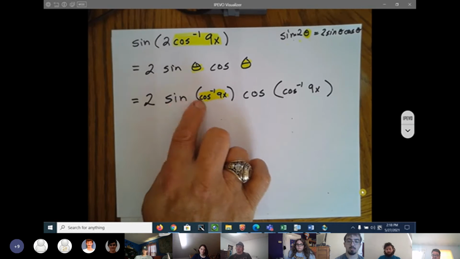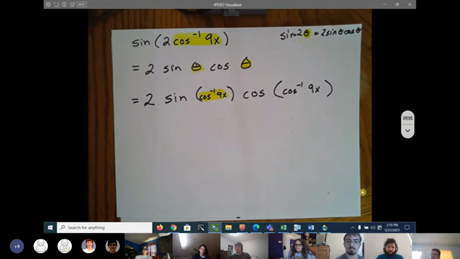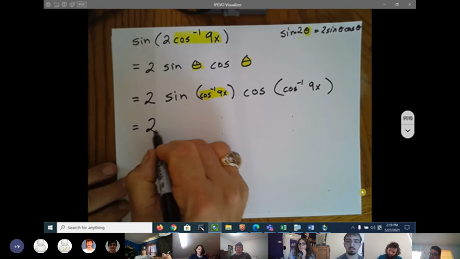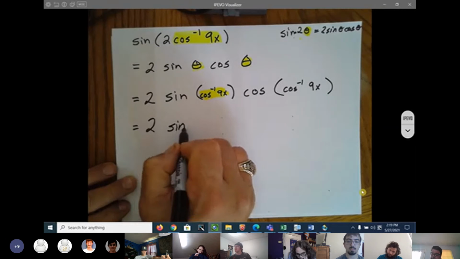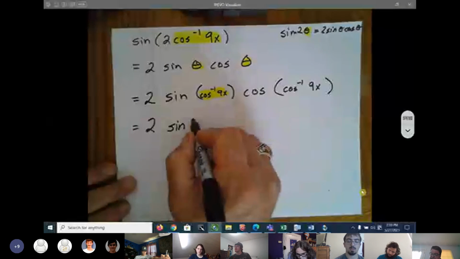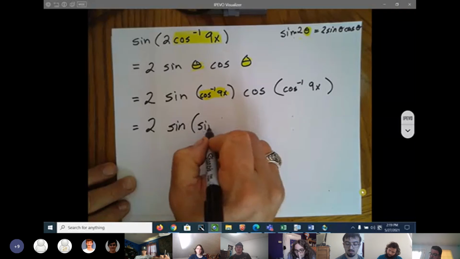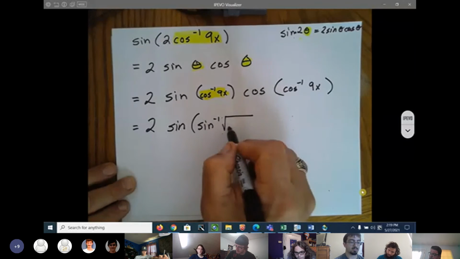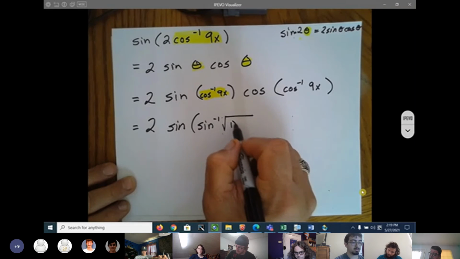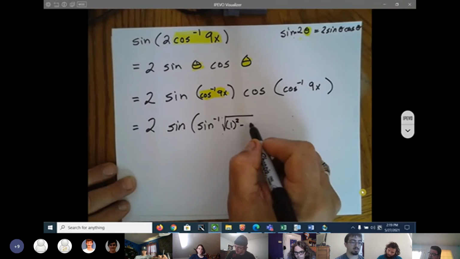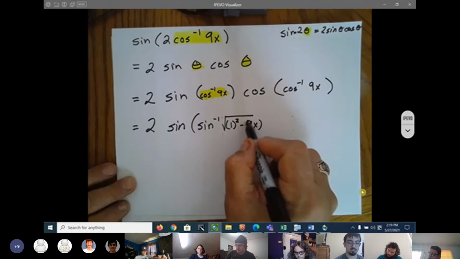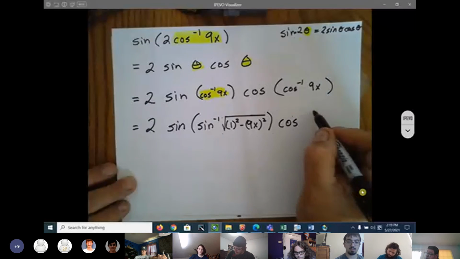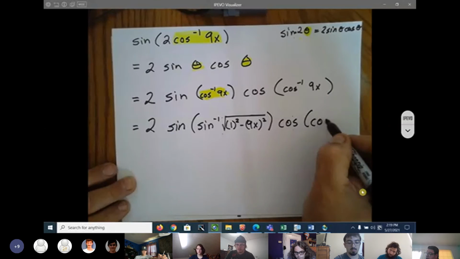So that's what I'm fixing to do right now, and that will give me 2 sine of inverse sine of the square root of 1 squared minus 9x squared times cosine of the inverse cosine of 9x.